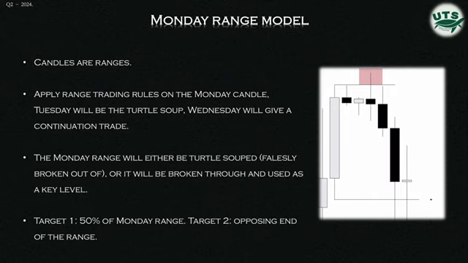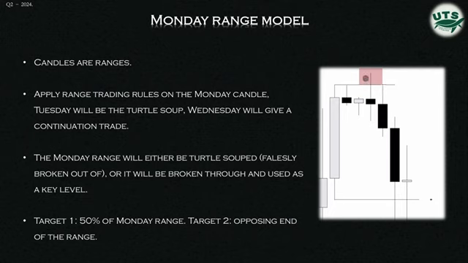Target 1 is always going to be 50% of the Monday range. Target 2 is the opposing end of the range, right? So in this instance, you have this candle, you mark it out. Okay, turtle soup. As soon as you see this rejection, right?